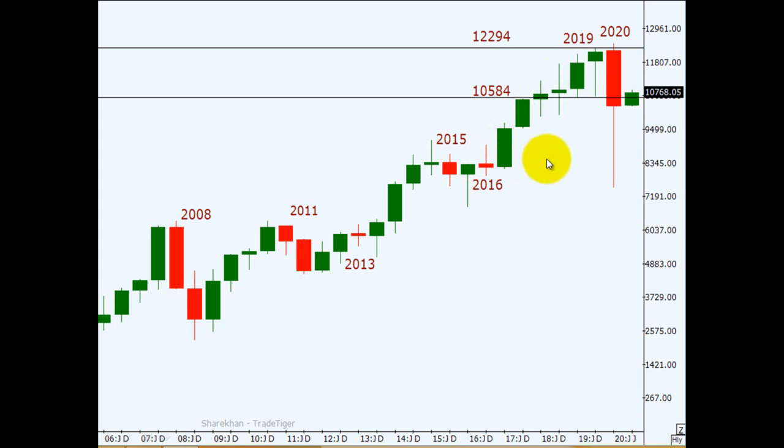That is the reason the market rallied from 8,300 to almost 12,294. Again in 2019, both the DIIs and FIIs bought.